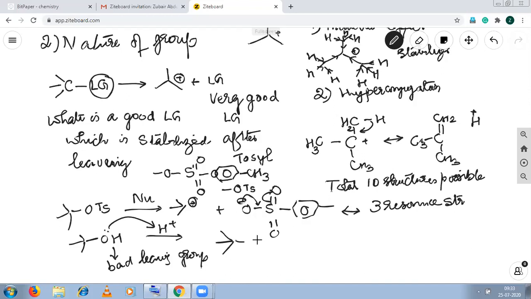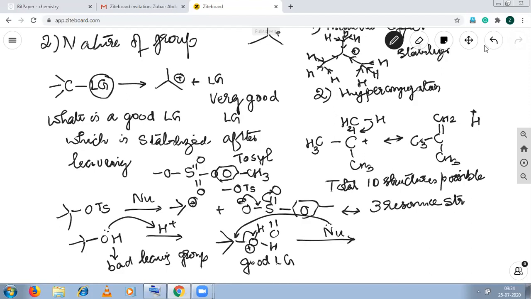See very clearly what we have done. Now it has become a good leaving group. The nucleophile can very easily attack here. So that's a very good leaving group, right?